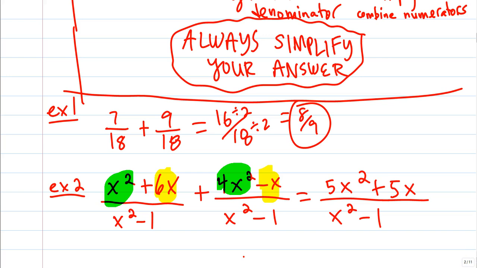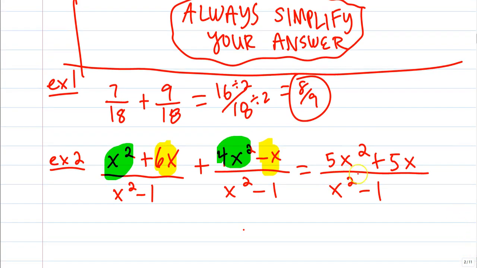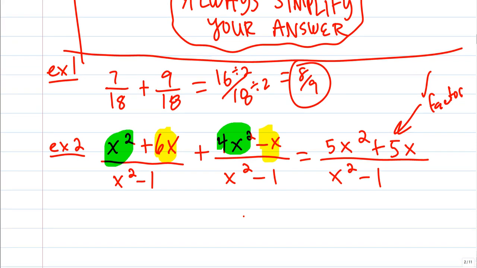This is not done. I've added the numerators, but it can be simplified. You have to check if that top can be factored. Well, 5x squared plus 5x, it's not a trinomial, but don't forget, they have a common factor of 5x, leaving us with x plus 1 all over, look at the bottom.